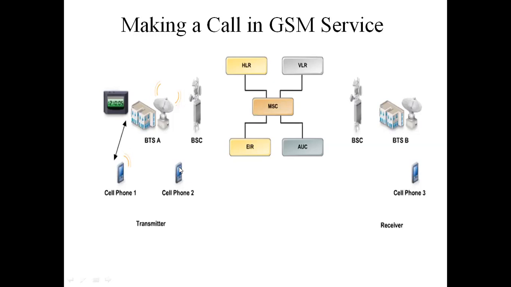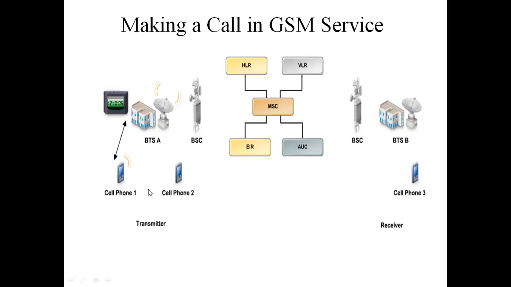Now, the BTS, or base transceiver station, assigns a specific voice channel and also a time slot to the corresponding cell phone, and transmits the cell phone request to the mobile switching center via the BSC, that means the base station controller.